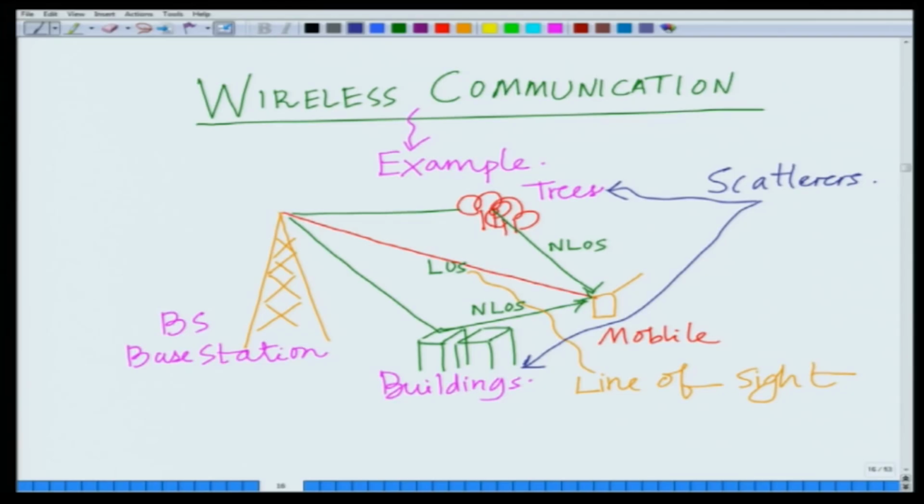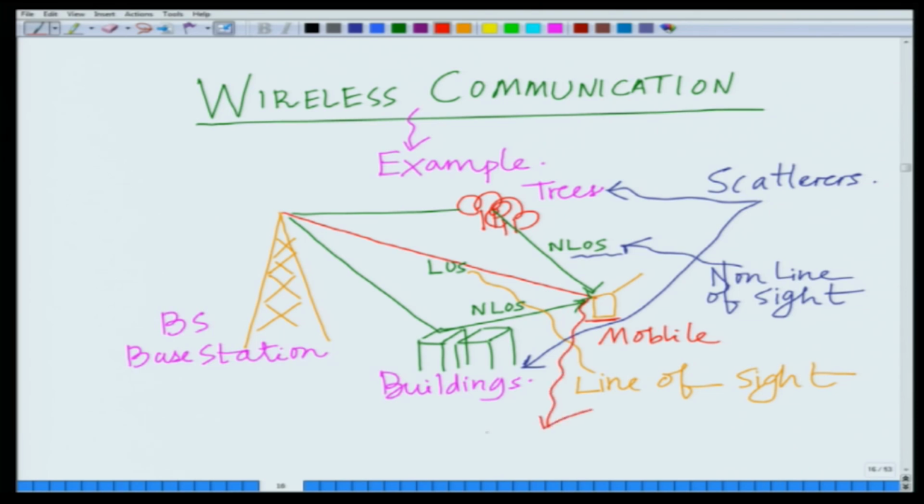So, there is one line of sight, and there are several non-line of sight, which is denoted by NLOS, components which are deflected or scattered by scatterers such as trees and buildings, which also arrive at the mobile. So, NLOS stands for non-line of sight, and as a result of this, what is going to happen over here?